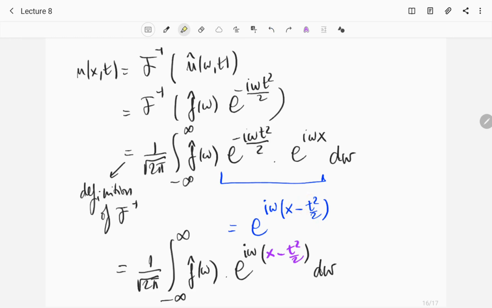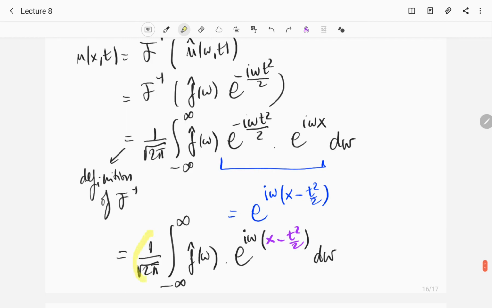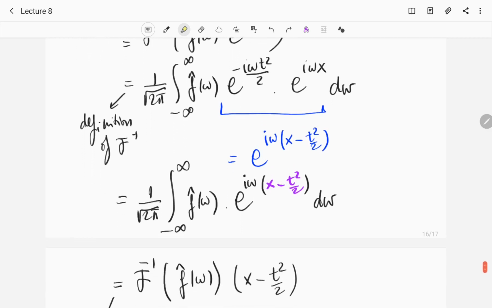Then rewriting this, we have this expression, so this factor as usual, and the integral from minus infinity to infinity of the Fourier transform of f, and this exponential. And this is exactly, if you look at the definition, the inverse Fourier transform of this function evaluated at x minus t squared over 2, which is this guy here.